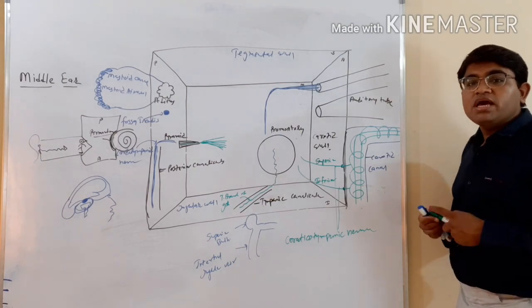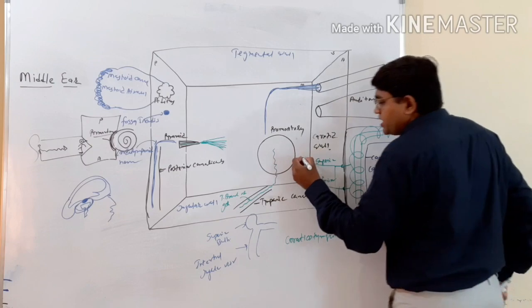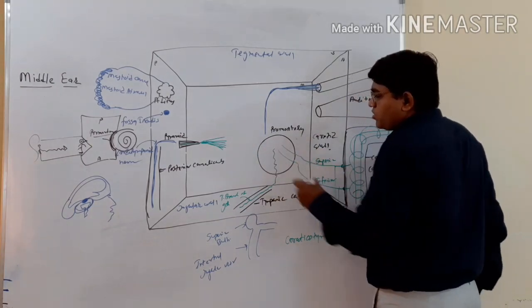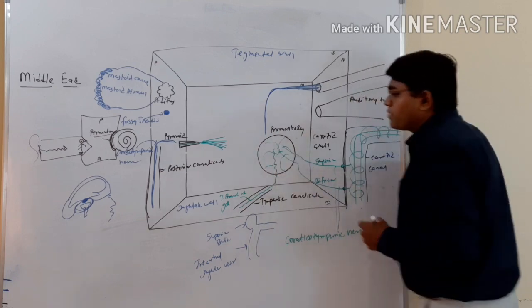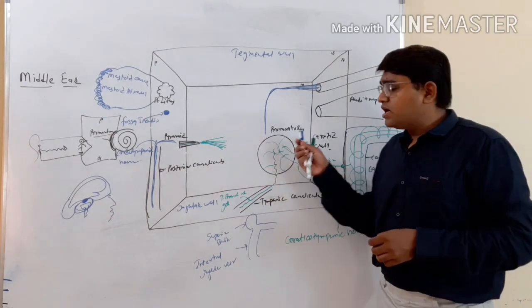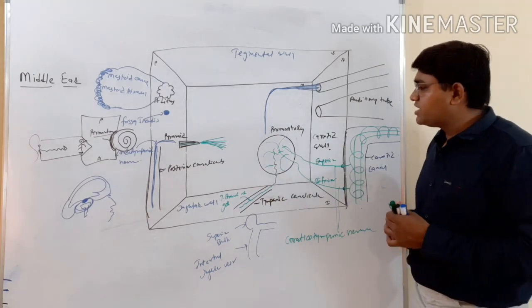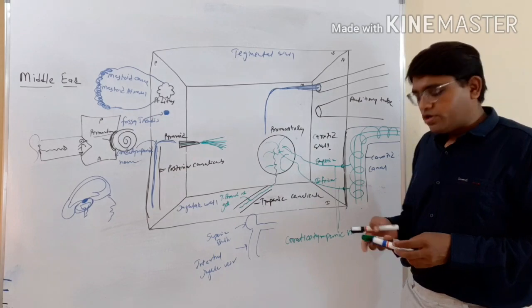The superior and inferior caroticotympanic nerves also reach up to the promontory, and all these nerves form a nerve plexus, the tympanic plexus, which is responsible for innervating the middle ear cavity. All of this middle ear cavity is innervated by this tympanic plexus, so it is formed on this promontory.